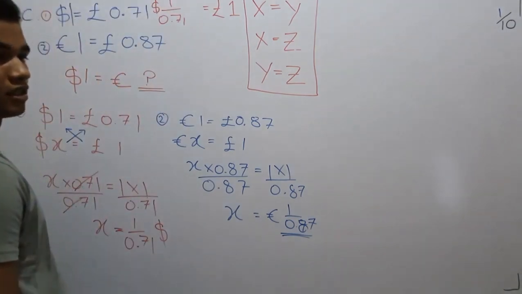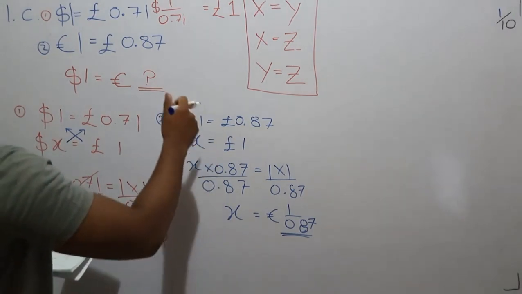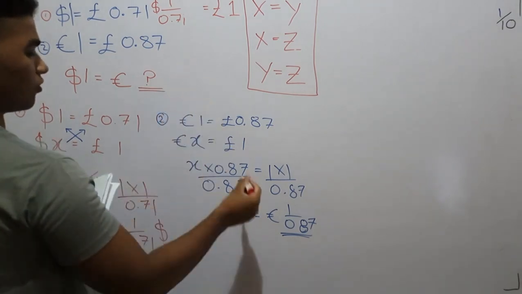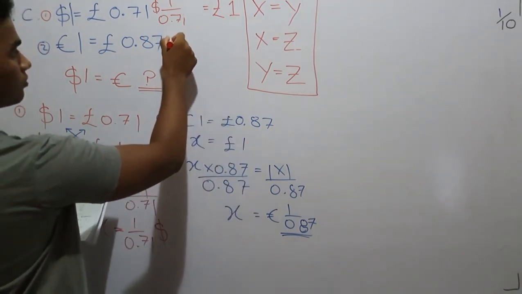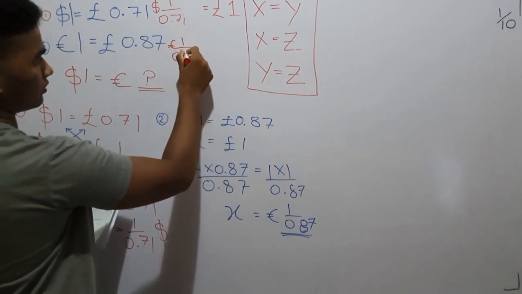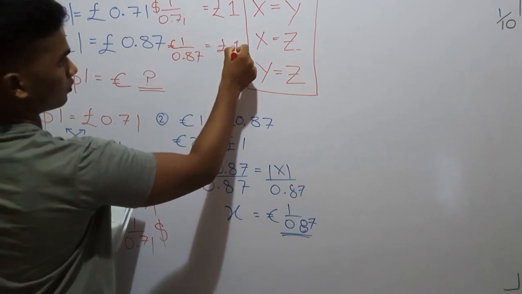So we built a new relationship. For 1 pound, this many euros: 1 over 0.87 equals 1 pound.